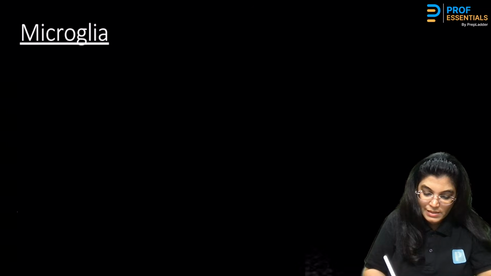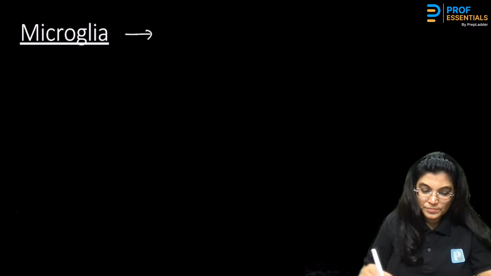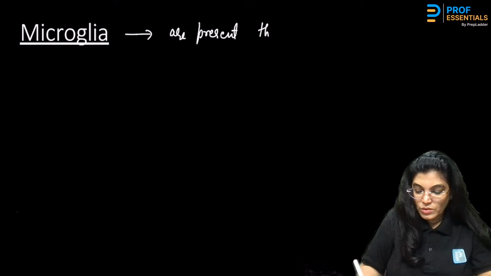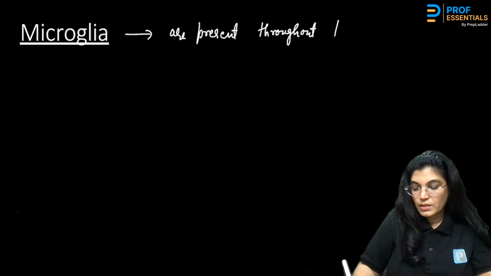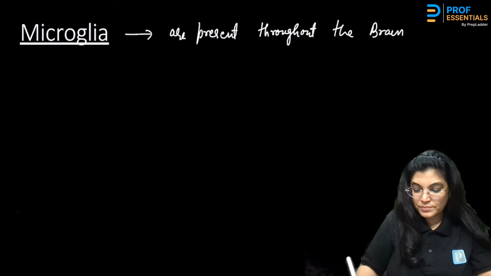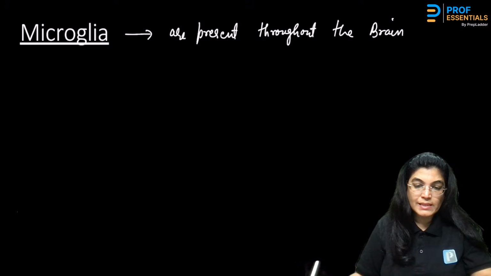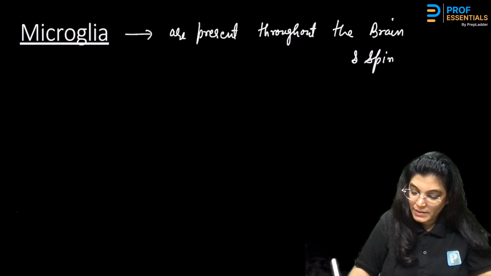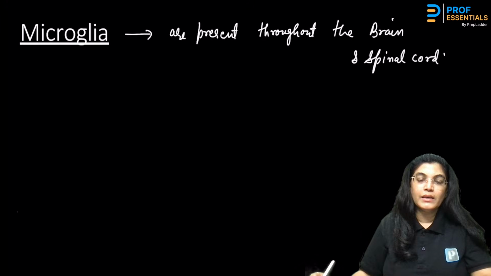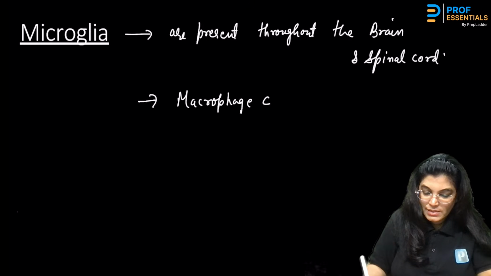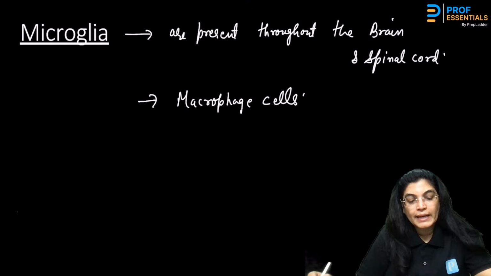So please write down: microglial cells are present throughout the brain and spinal cord. They are present in the central nervous system, in brain and spinal cord, and they act as macrophage cells, which is important to maintain immune defense.